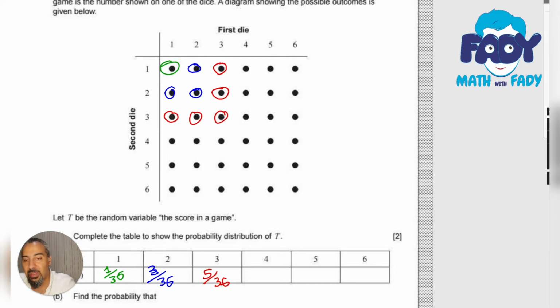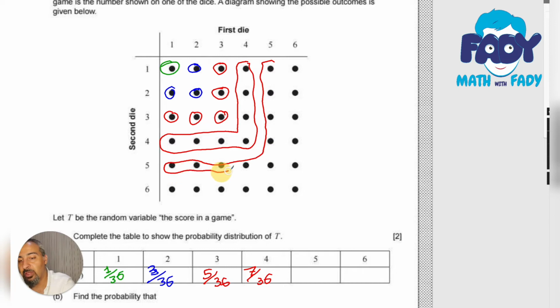In the same way, we will find that to get a score of 4, all these options, it is 7 out of 36. Getting a score of 5, all these, which is 9 over 36.